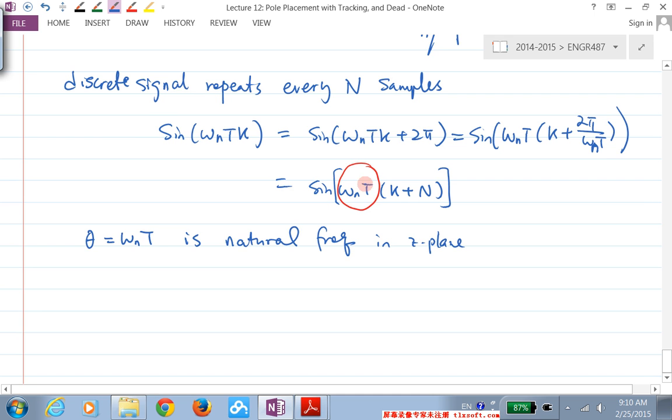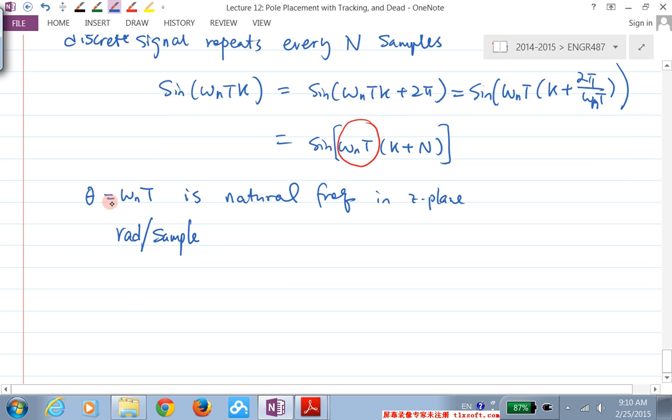So the unit for omega n T should be radians per sample. Bear in mind that theta is the natural frequency here.